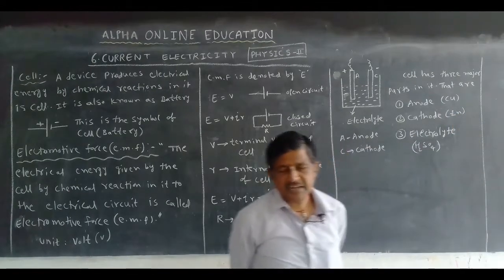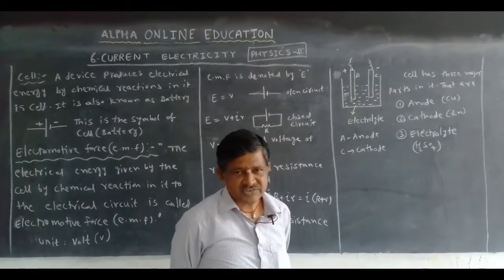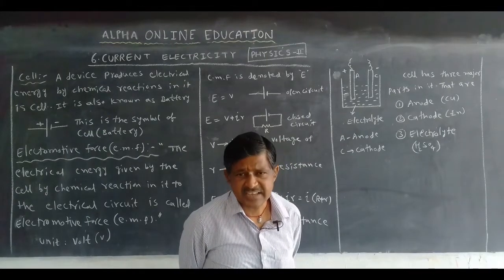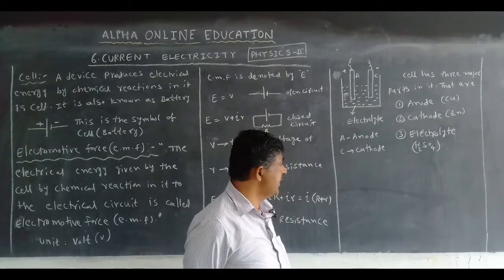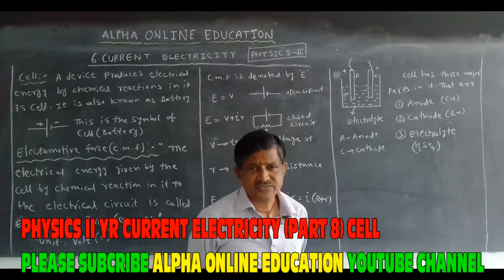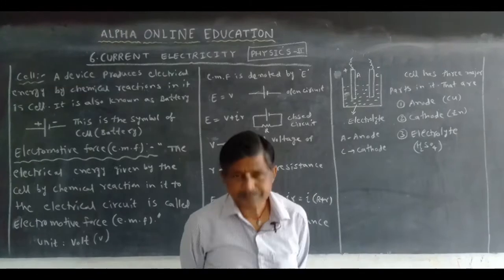In a cell, the copper plate is taken as anode, the zinc plate is taken as cathode, and the electrolyte is H2SO4, called sulfuric acid.